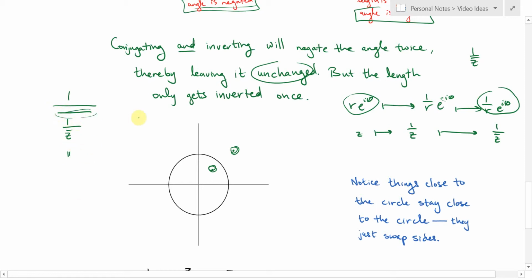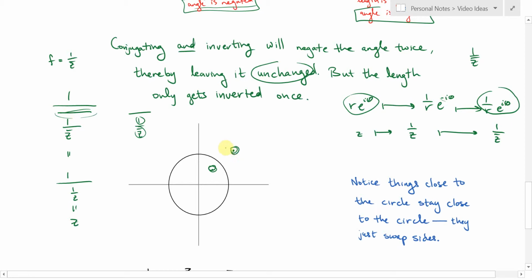Well, you're conjugating 1 over z bar, means you're conjugating 1 and you're conjugating z bar. That just kind of undoes the conjugation. So it's 1 over z. But 1 over z flips the z back up, and that's just equal to z. So what I've seen is that if we apply this map f, which is 1 over z bar, twice, you get back to where you started.